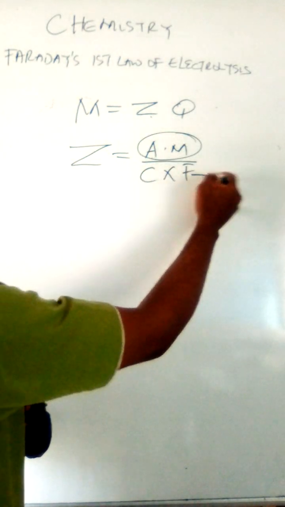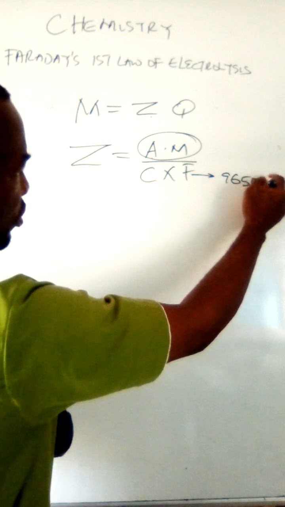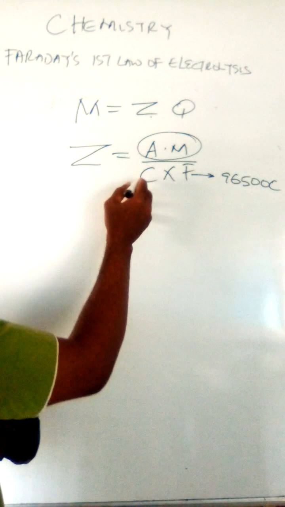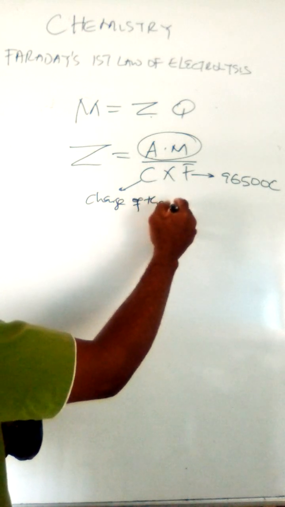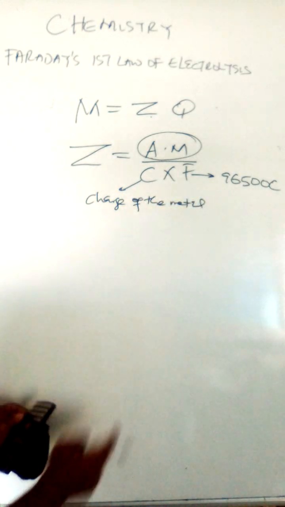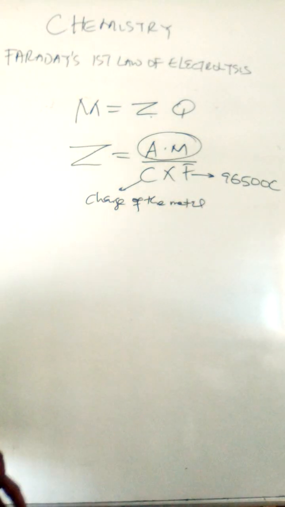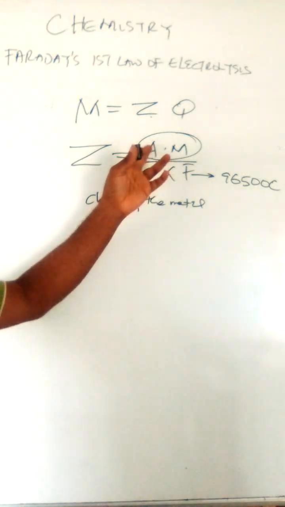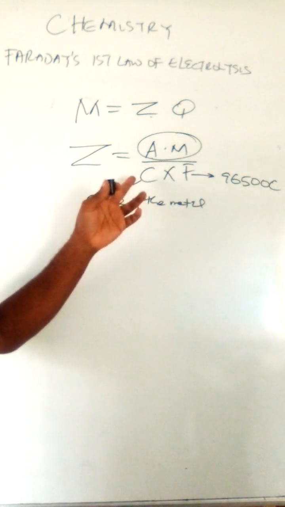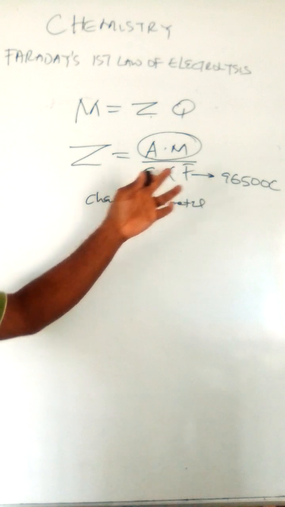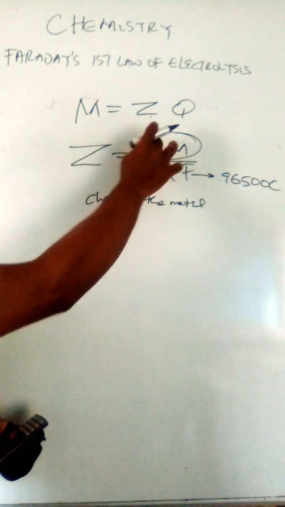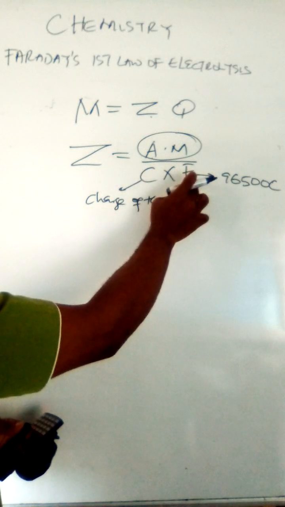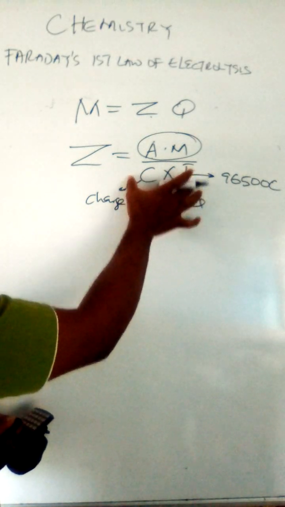This is the Faraday constant, 96500, the constant, while this is the charge of the metal. So we can make an equation for the metal by dividing the relative atomic mass of the metal by the product of the charge and the Faraday constant. So since Z is AM over C times F, we now put this into this equation.